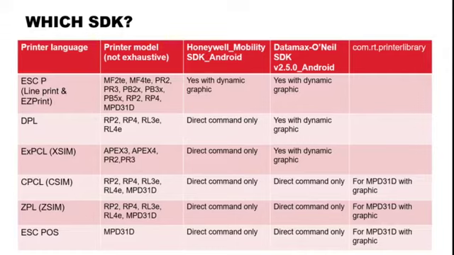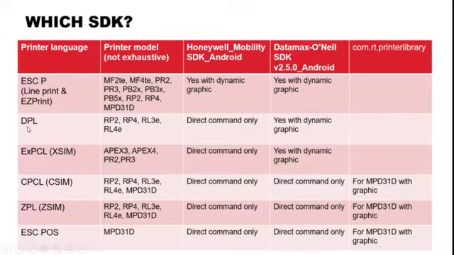And for the SDK, we have the Honeywell Mobility SDK for Android. The SDK supports direct printing and also dynamic graphic printing as well. Likewise, to print to these printers using the Datamax-O'Neil SDK, it also supports both the direct command and dynamic graphics for these printers.